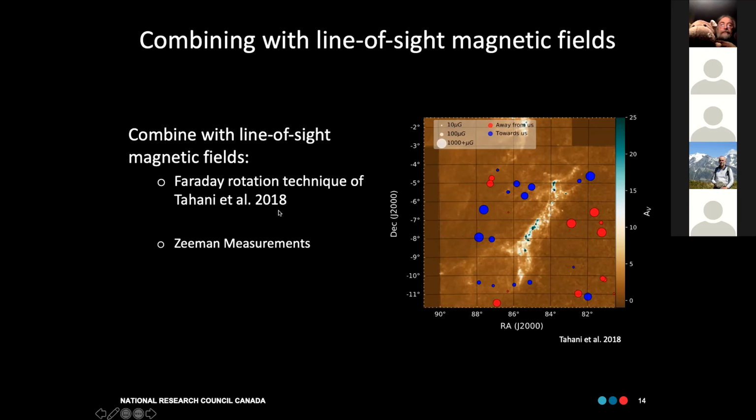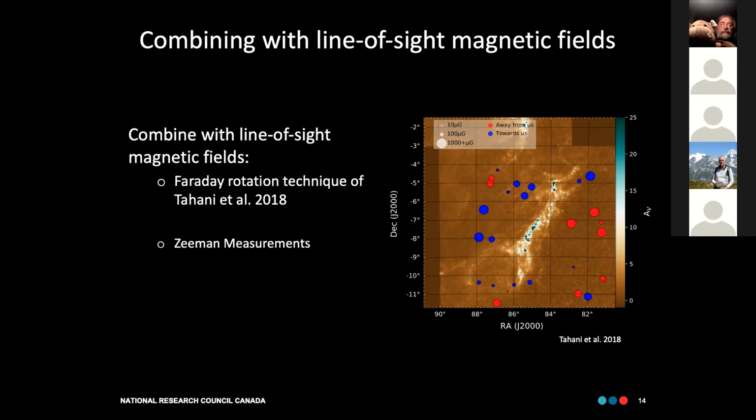The technique of Tahani et al. 2018 used Faraday rotation for molecular clouds for the first time to map the line of sight component of magnetic fields in molecular clouds. So they mapped magnetic fields in 4 regions, but with the current and also upcoming rotation measure catalogs, we will map the line of sight component of magnetic field in a number of molecular clouds.